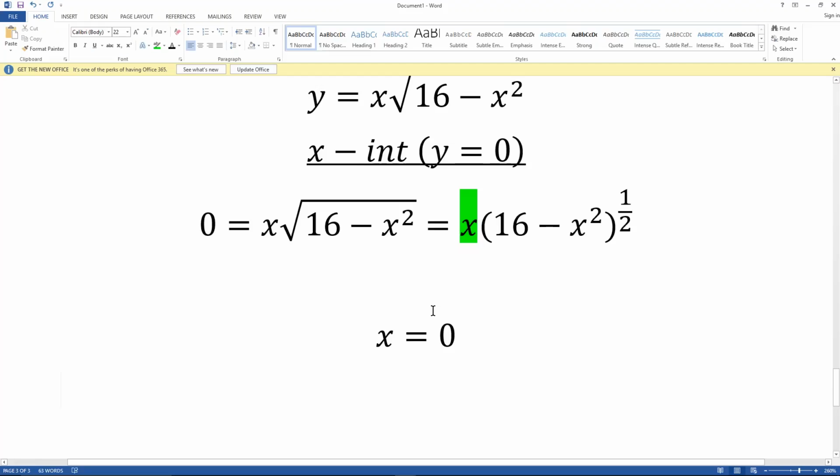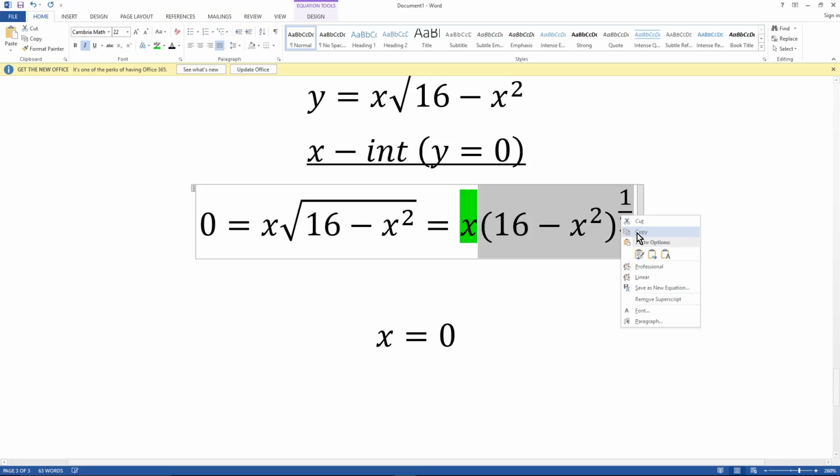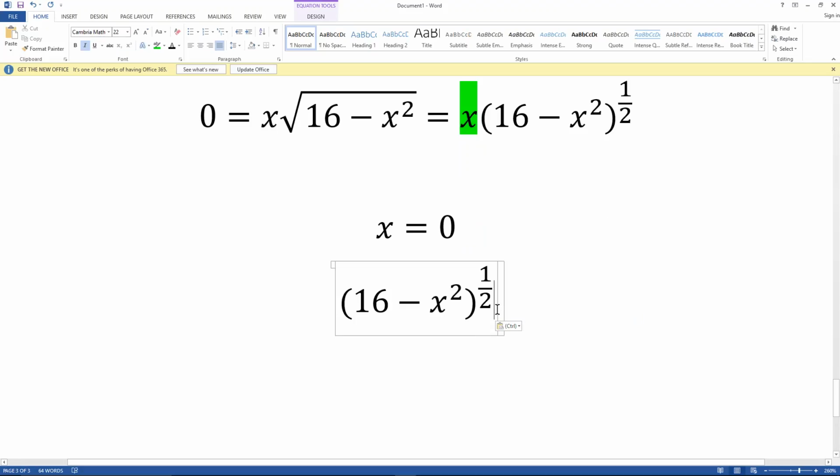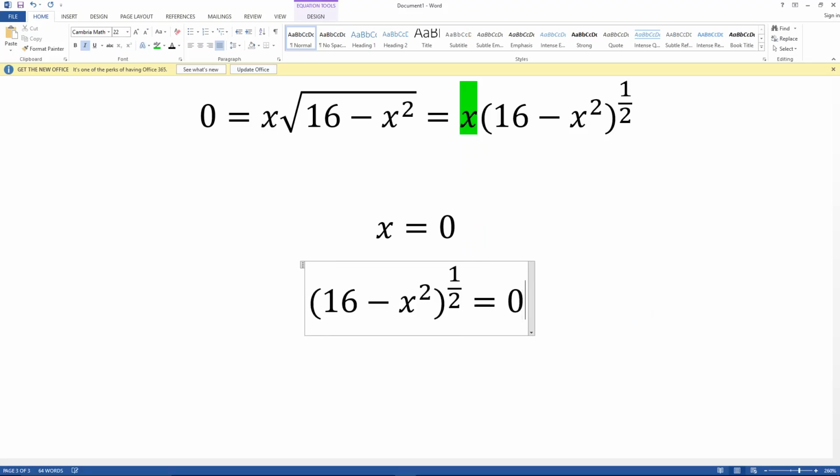But what is our second answer going to be? It's going to be 16 minus x squared to the 1/2 equal to 0. I got to set it equal to 0, right?